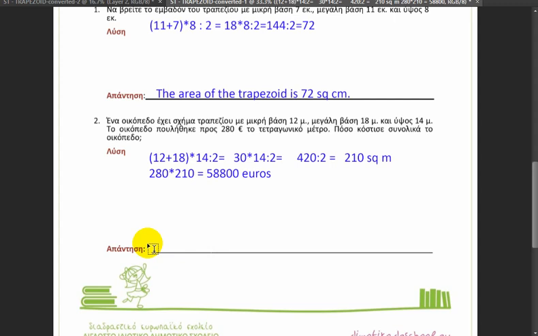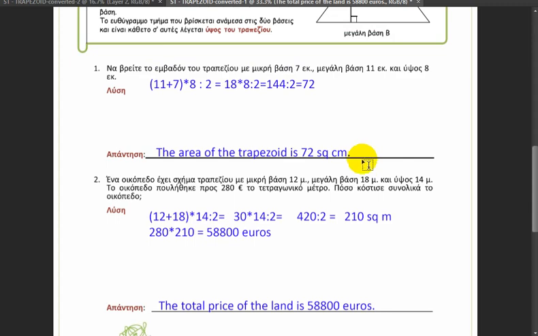So the total price of the land is 58,800 euros. And there you go. That's the end of this worksheet. Well, one side of it. So if you need to check your answers, just pause the video.